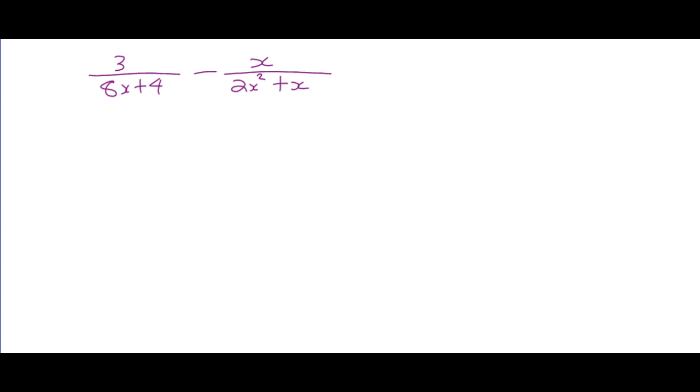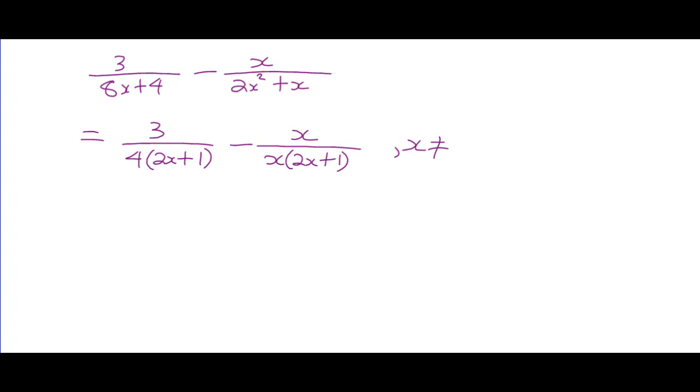Or not. So first step is factor, second step is state restriction.